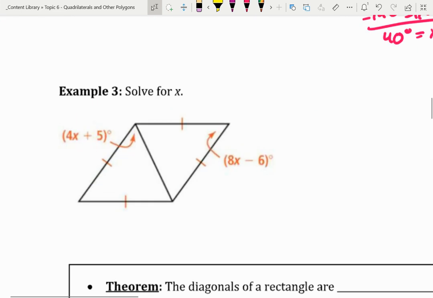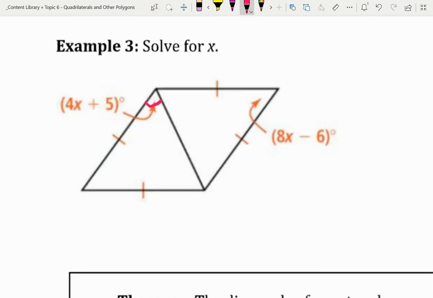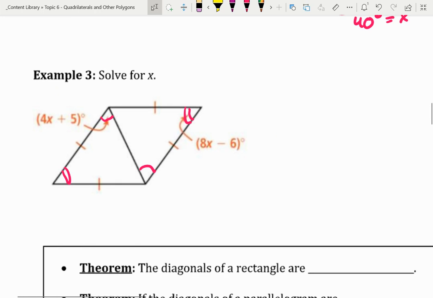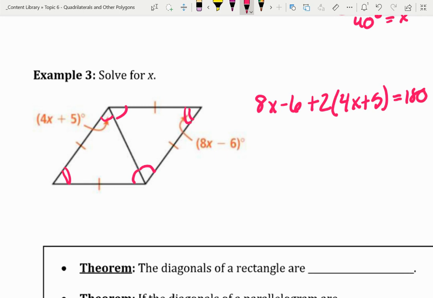So, looking at this next one, solve for x. We know that this one is congruent to this one, and this one is congruent to this one. So we can go ahead and do some math here to find out what x is. I like to say 8x minus 6 plus 2 times 4x plus 5, because remember, those are opposite angles, so they're going to be congruent, equals 180.